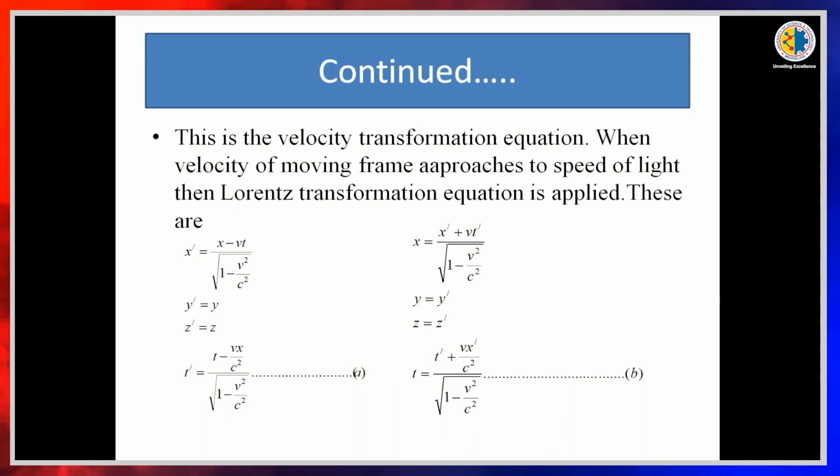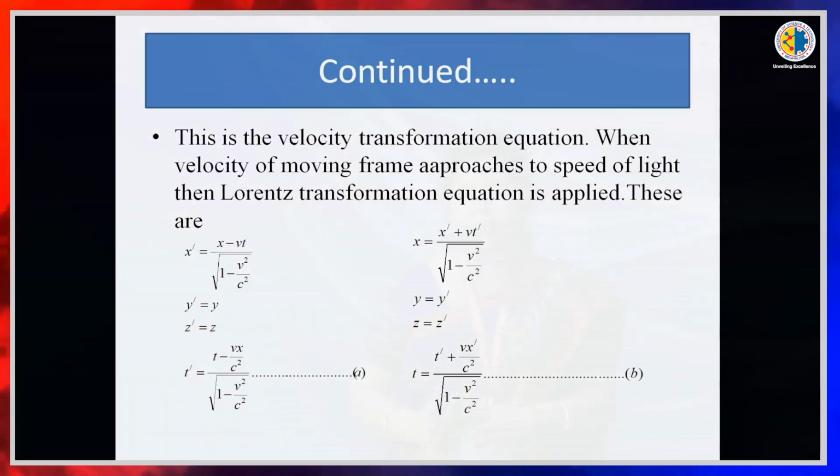Similarly, in the converse equation we get x is equal to x dash plus vt dash divided by root over 1 minus v square by c square, y is equal to y dash, z equal to z dash and t is equal to t dash plus vx dash by c square, whole divided by root over 1 minus v square by c square. Given equation number small b. So, these are the Lorentz transformation equations.